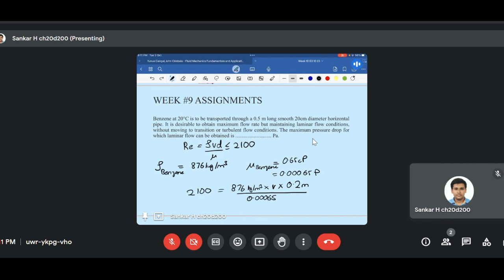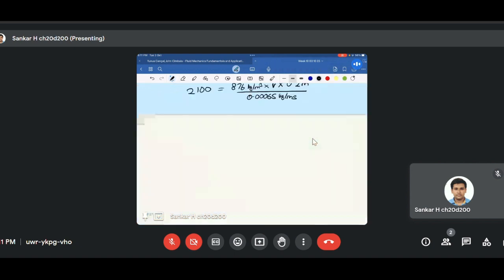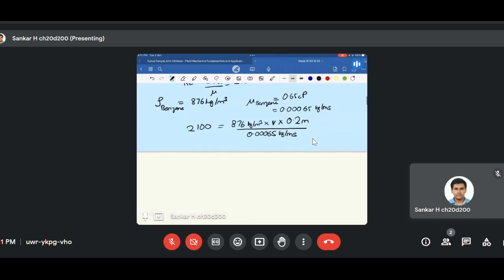Okay, sorry, this is not in poise, this is actually in its SI units of kilogram per meter second. So the velocity can be found out from here.